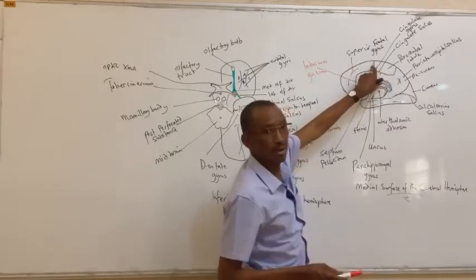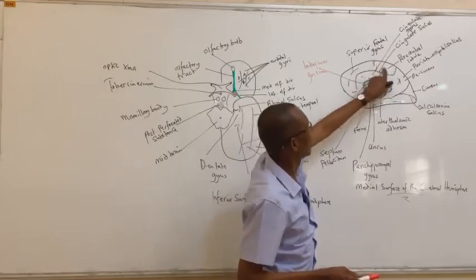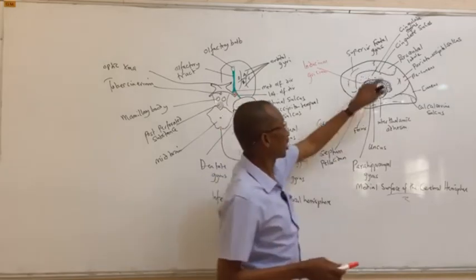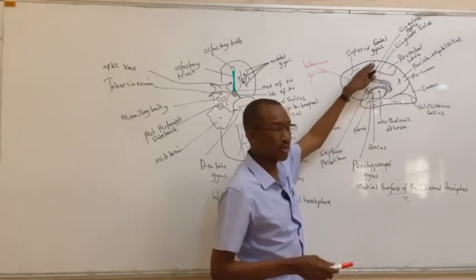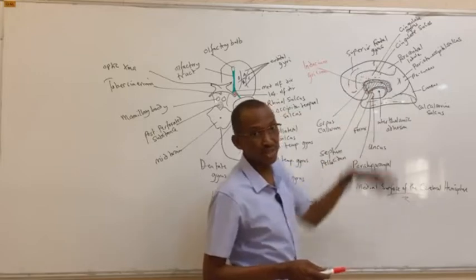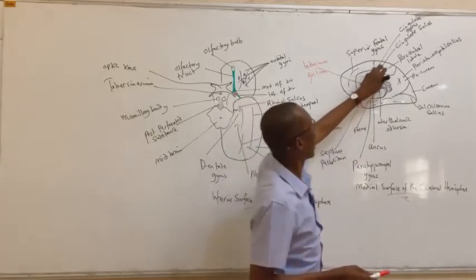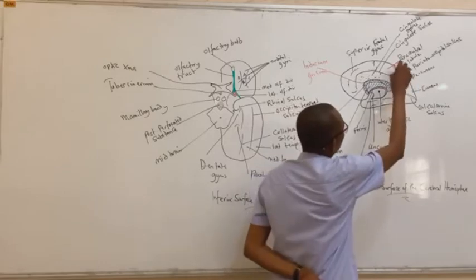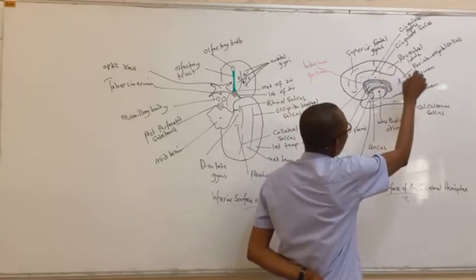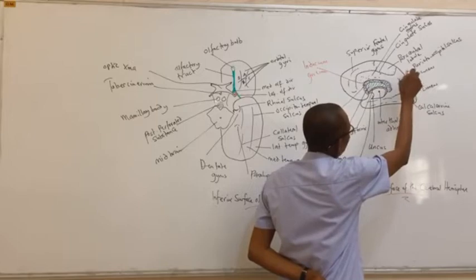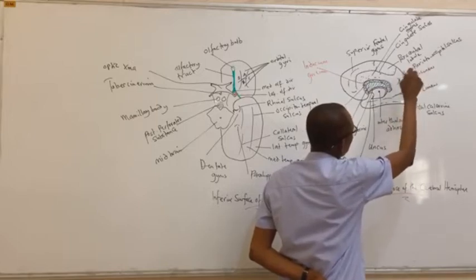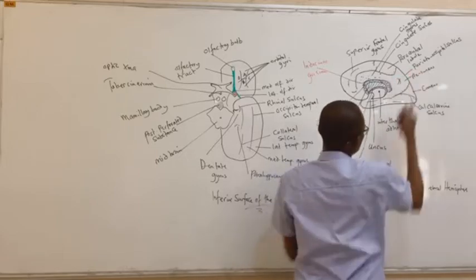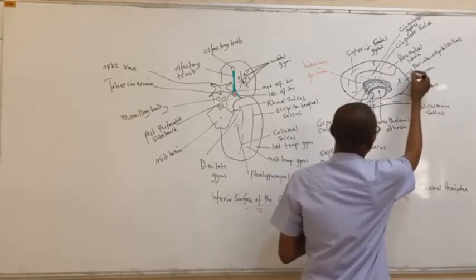So now we can see some part of the superior frontal gyrus, and just behind it here is the central sulcus. Behind the central sulcus here is what we call the paracentral lobule, and that is part of the postcentral gyrus and also part of the primary somatosensory area. I think this is the parieto-occipital sulcus here.